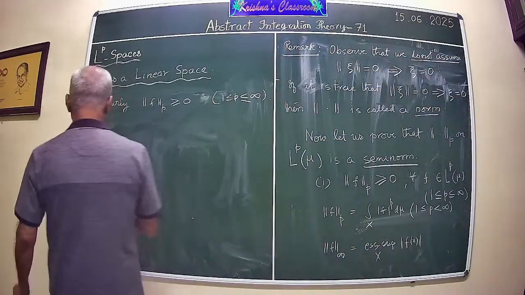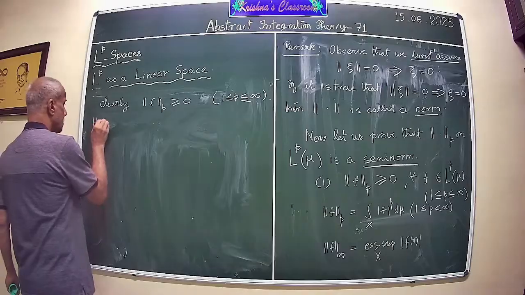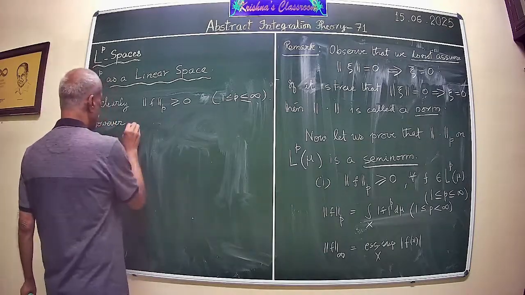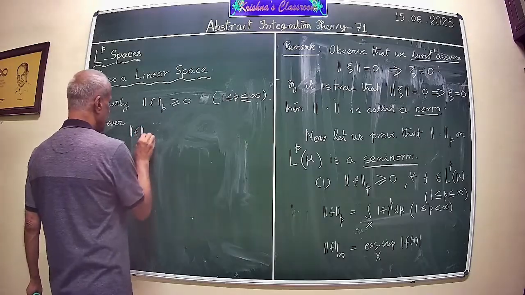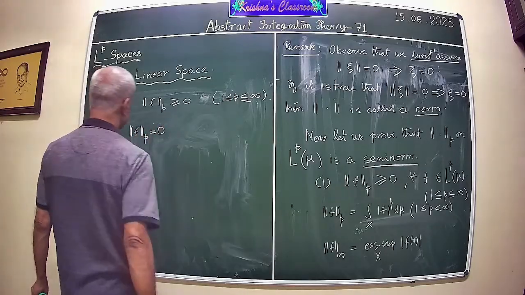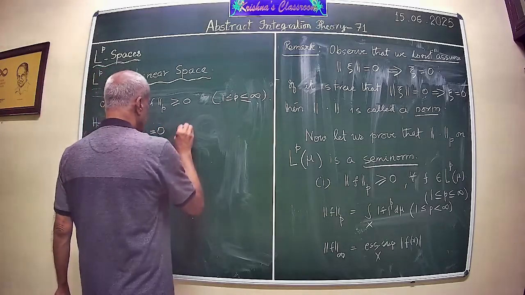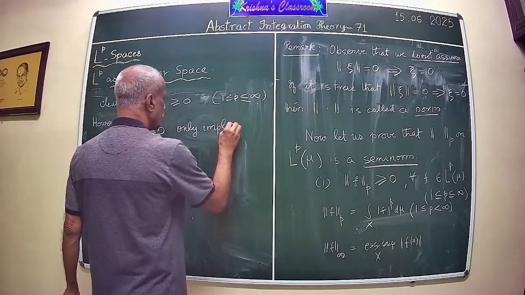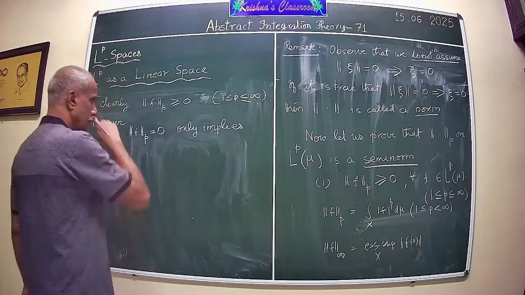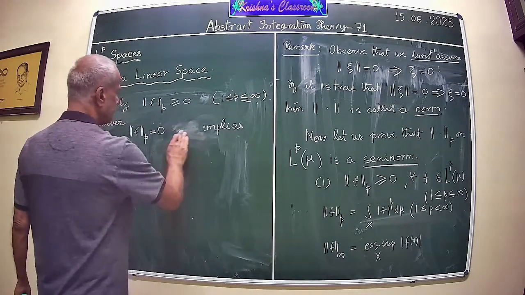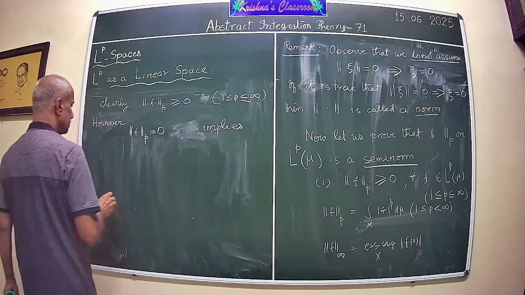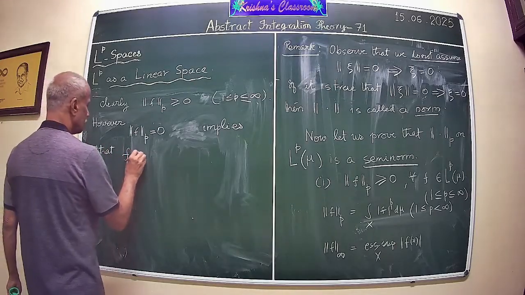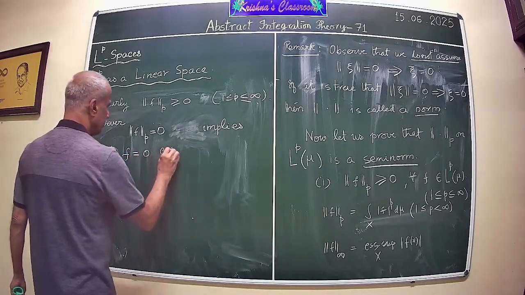However, norm f equal to 0 only implies that f equal to 0 almost everywhere.